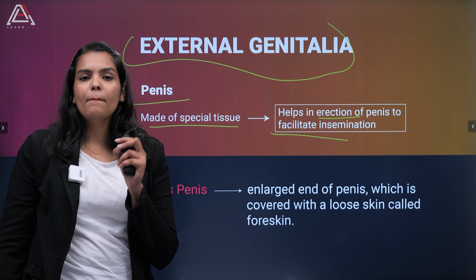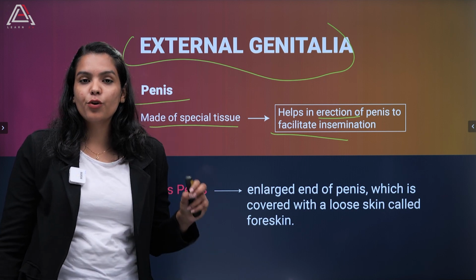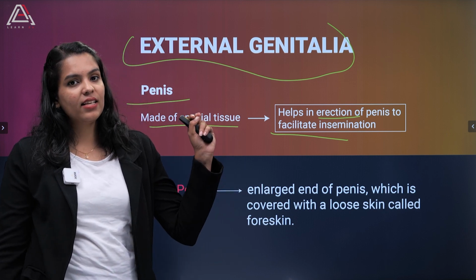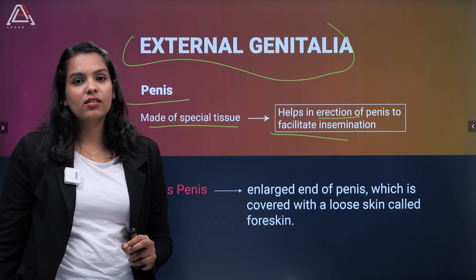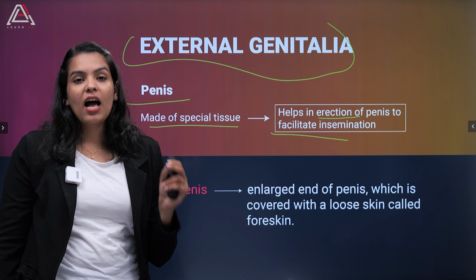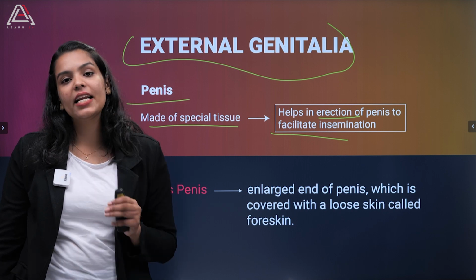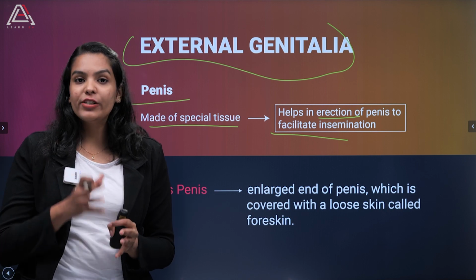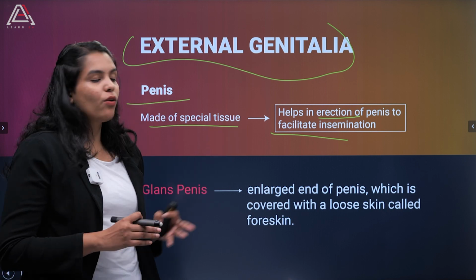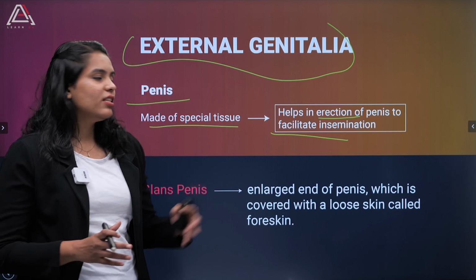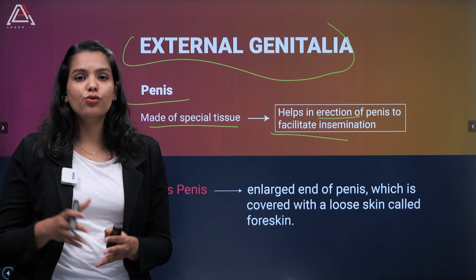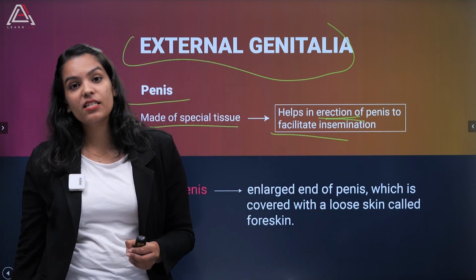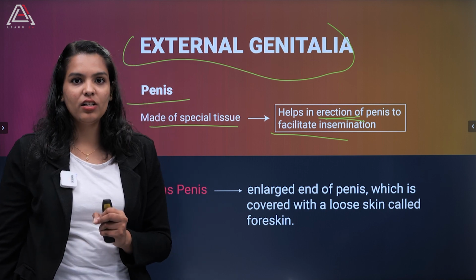Insemination is when the sperms produced by the male reproductive system travel through the entire passage, reach the external genitalia, come out of the penis and enter the vagina, where they facilitate the process of fertilization, right? That is called insemination. So the penis plays an important role in erection and in facilitating insemination.